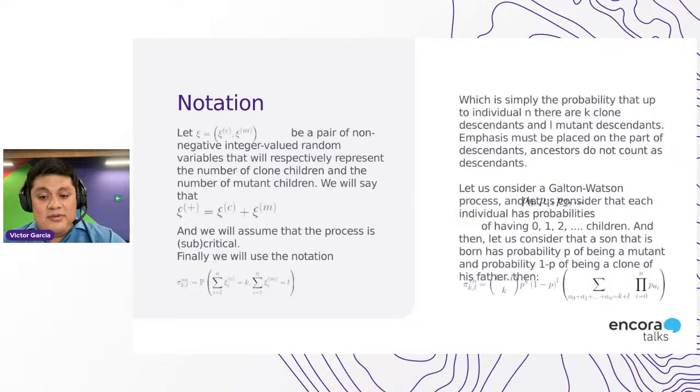By defining the probabilities p0, p1, p2 as the probability of having zero children, one child, or two children, and also p, the probability of having a mutant child, and 1 minus p, the complement, is the probability of having a clone child. So it doesn't look very clear, but it's (k+l choose k).